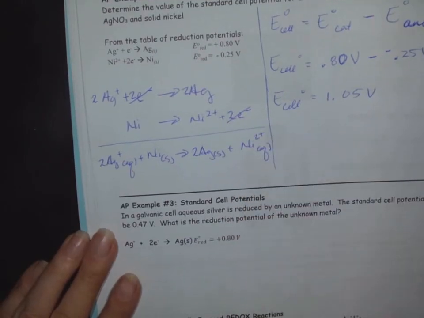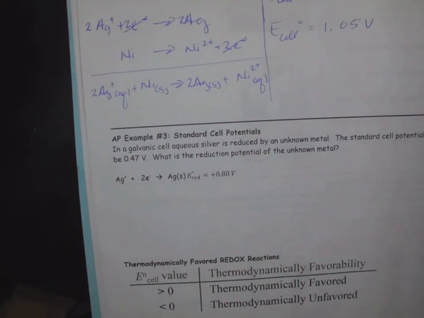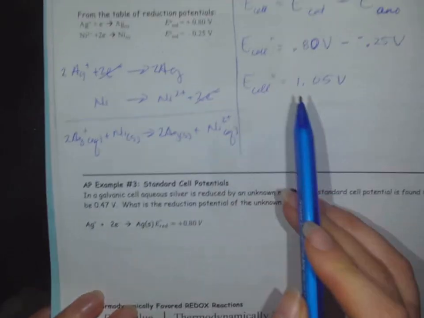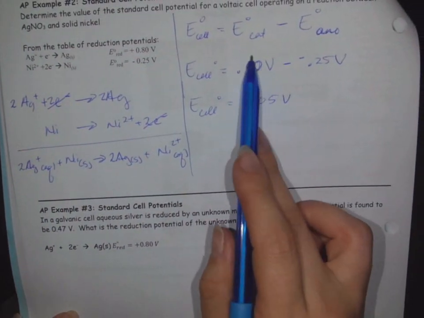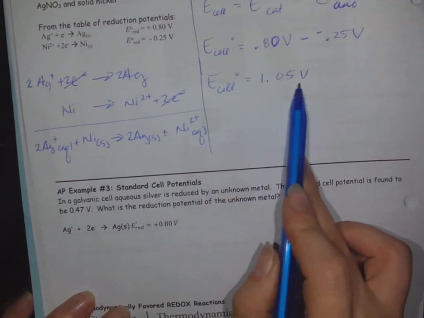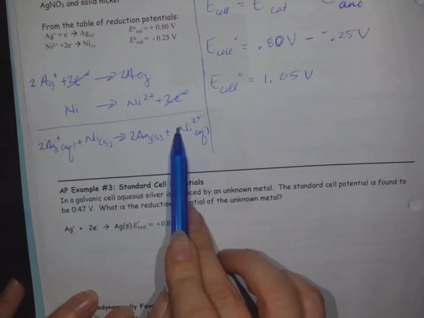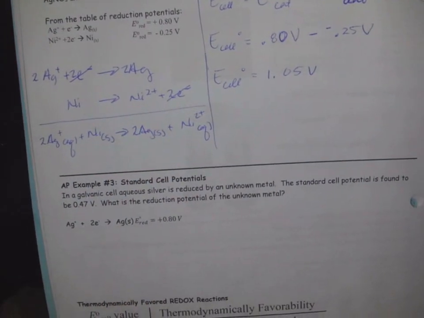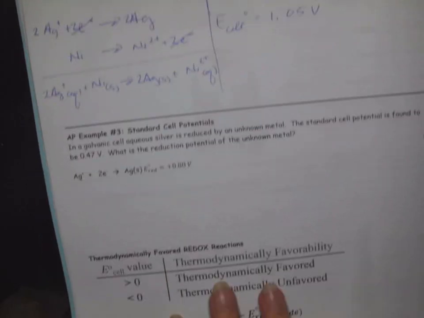This is my overall reaction, my redox reaction. And even though I multiplied this by 2, I do not multiply this by 2. This is the voltage of this reaction, of this battery. Okay? All right, last concept.